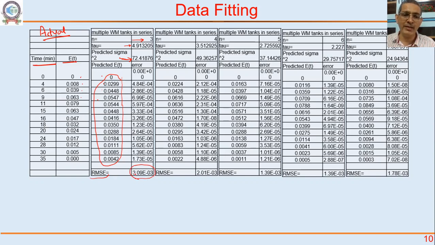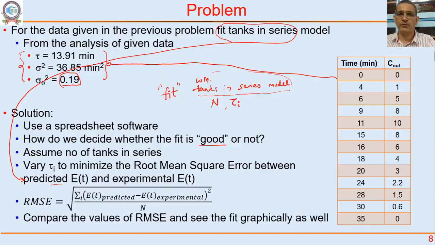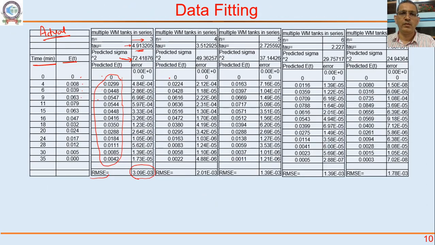Now we have to minimize by changing this tau I. I've already done that, I'm just telling you. Take n equal to 4. Again, calculate using this formula, say with tau I equal to 3. These are the predicted values.